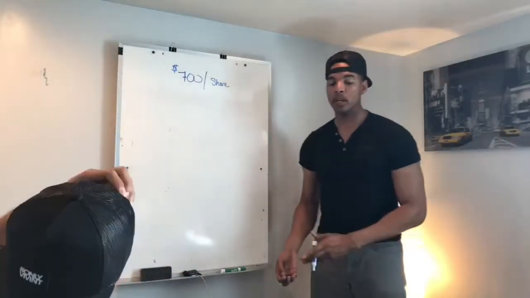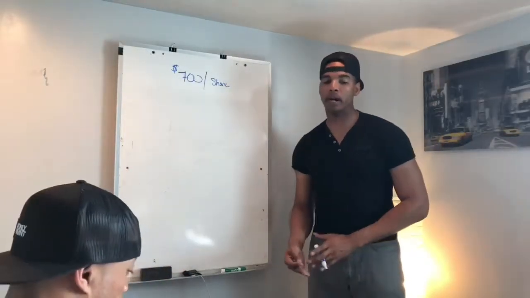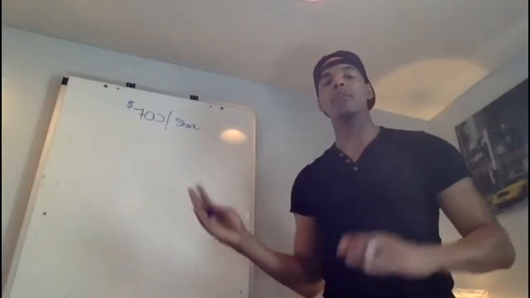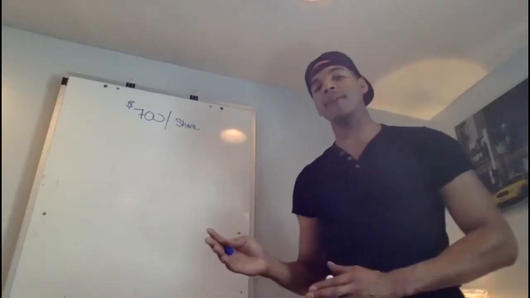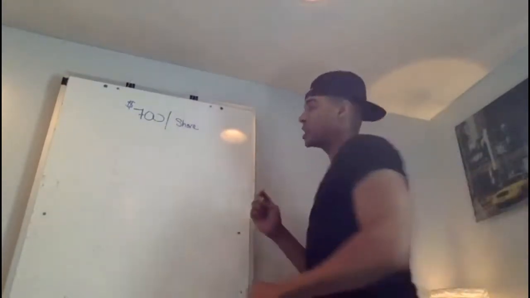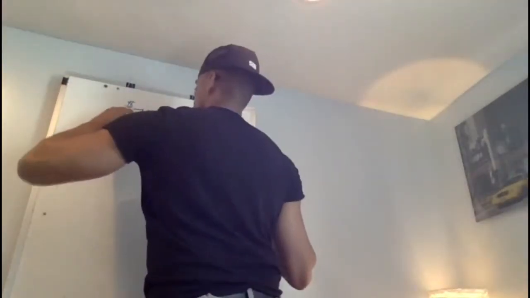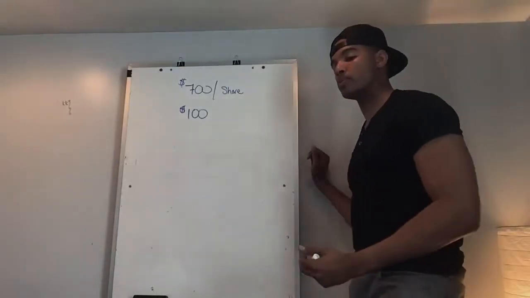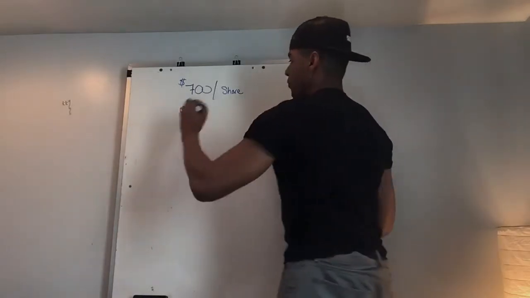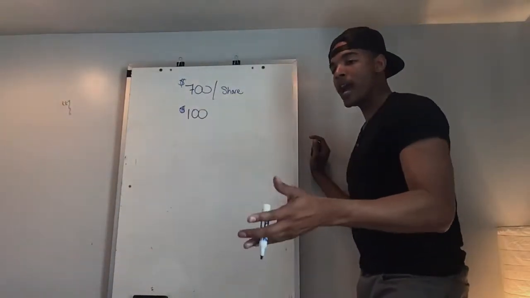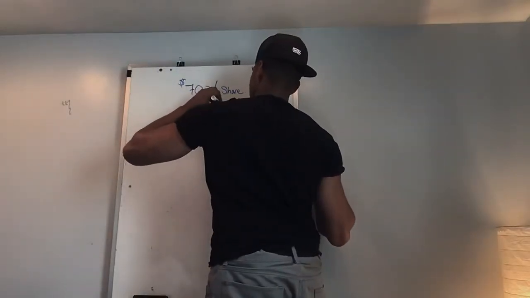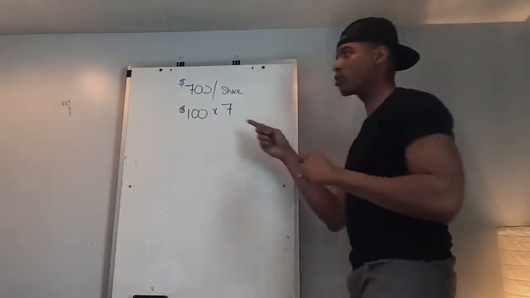Most times you want your split to land around $100. So if I was Apple, or whatever this made up company is, I would do a 7-to-1 split. You're going to take this stock down to $100 per share. Whoever had it at $700 is going to have $100 times 7 across 7 platforms.